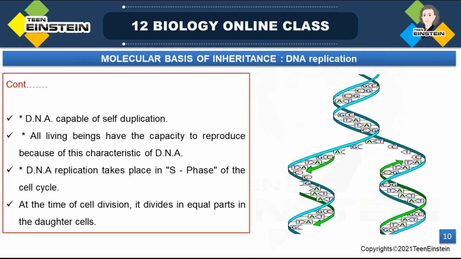So DNA is getting synthesized in S phase, and at the time of cell division, that DNA is divided equally, or it divides in equal parts in the daughter cells. Got it?